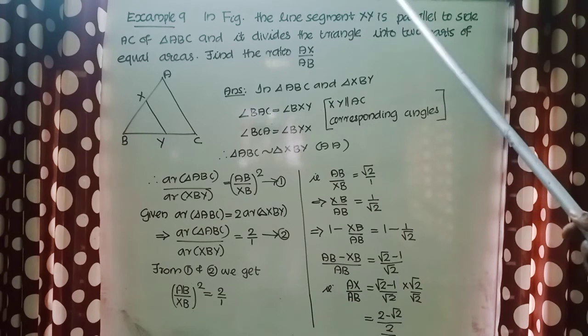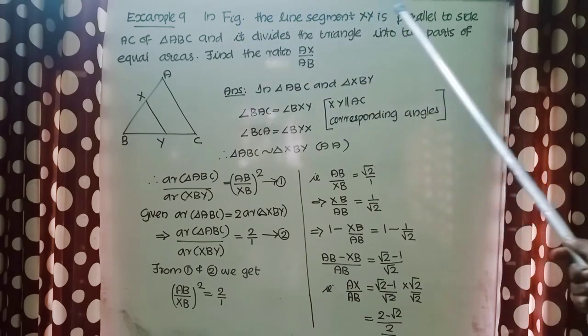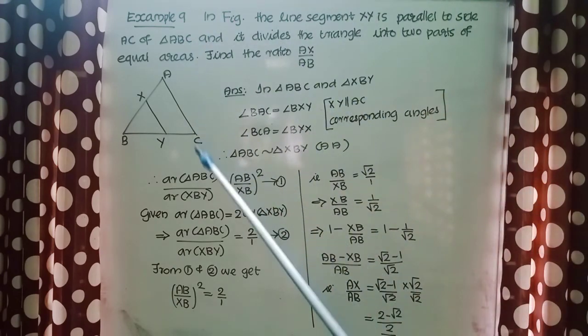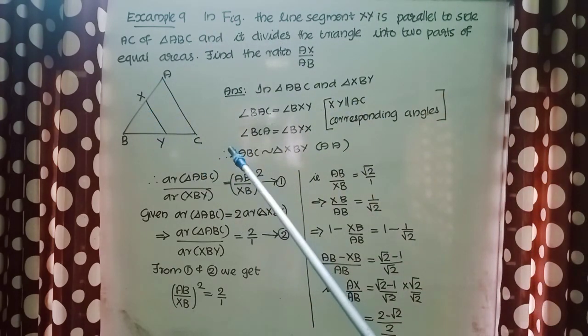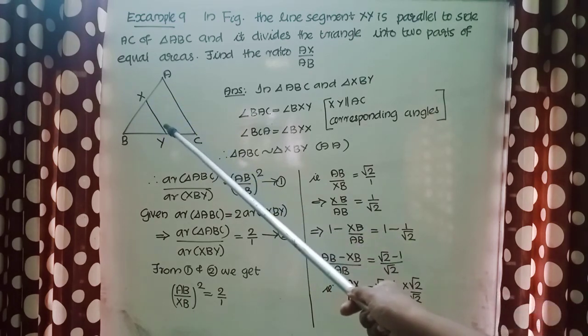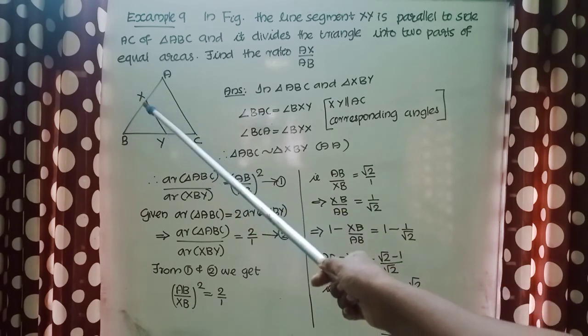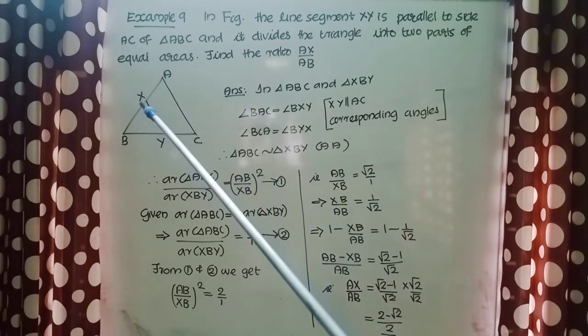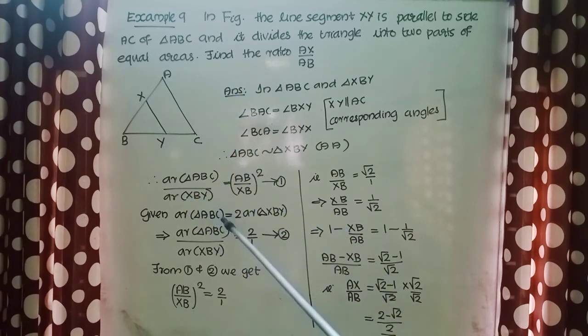And in the question it is given that XY divides the triangle into two parts of equal areas. So these two parts are equal, or triangle BXY is half of triangle ABC. So we can write area of triangle ABC equal to 2 times area of triangle XBY.